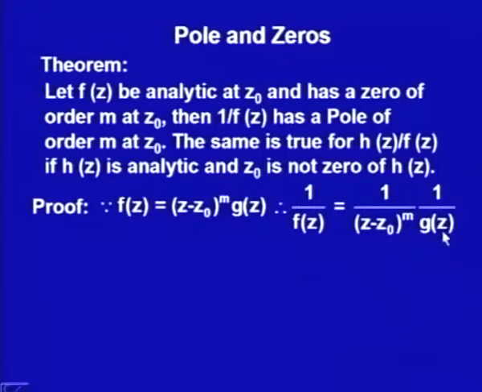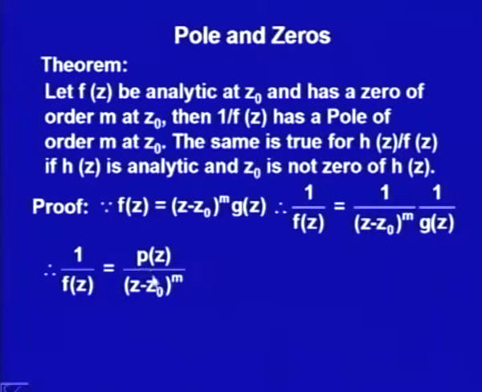Since g at z naught is not 0, 1 upon g at z naught will also not be 0. So, write 1 upon g z as say p z. So, I could write 1 upon f z as p z upon z minus z naught to the power m, where p at z naught is not 0.